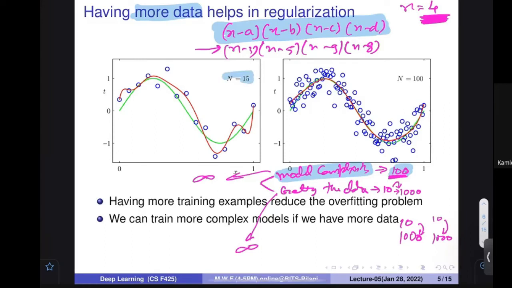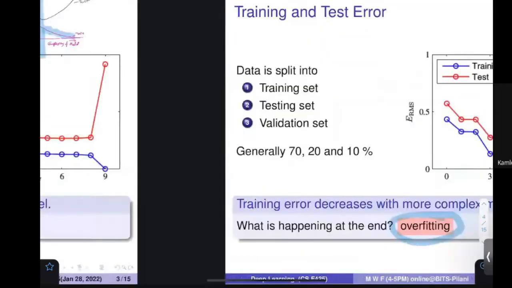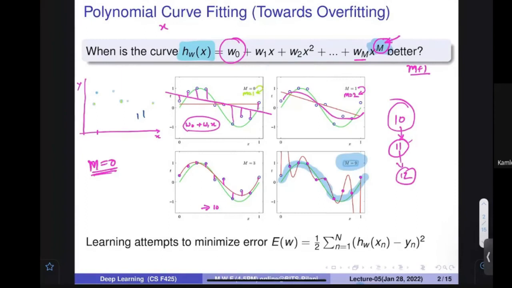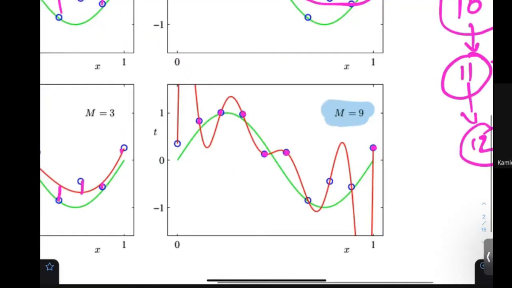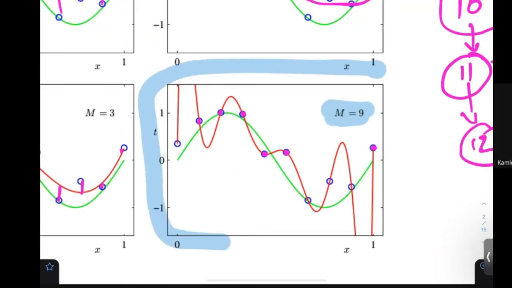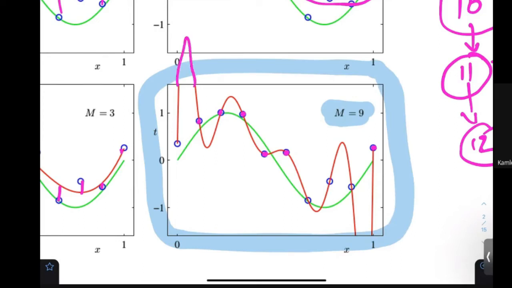Okay, so if you increase the number of examples, going back to the previous example when I was on this particular slide, with m equal to 9, this was my model. You have seen that it was very shaky. It was passing like this, it was passing like this. How many training examples did I have?